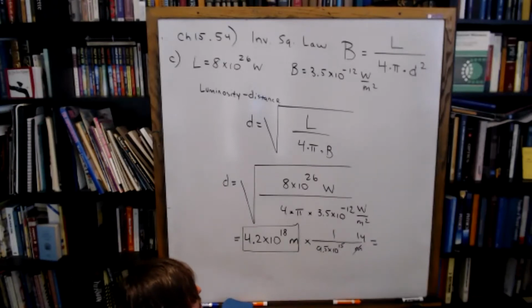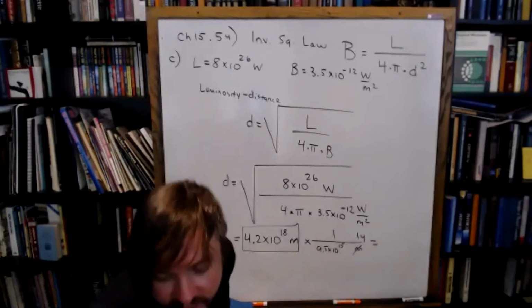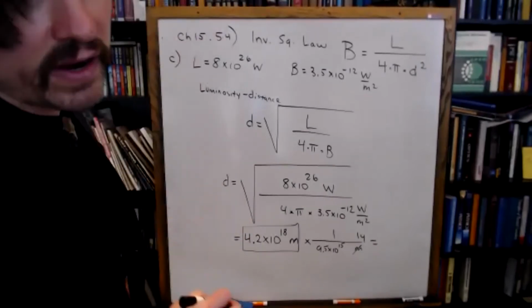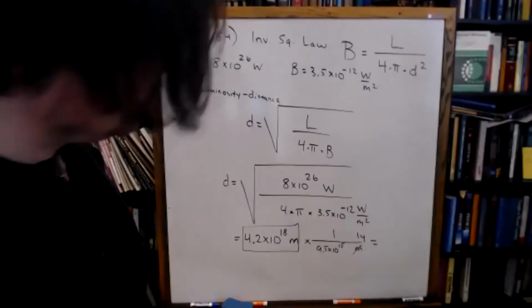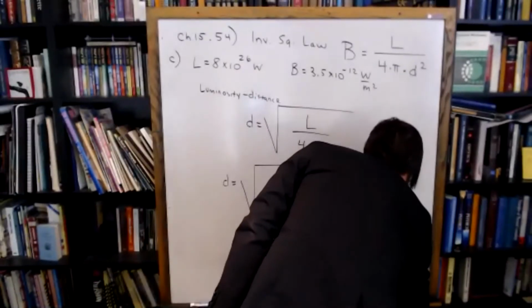How many light years? Don't make me do this myself here. I'm doing it right now. 44. Okay. Can someone confirm that? I can confirm.